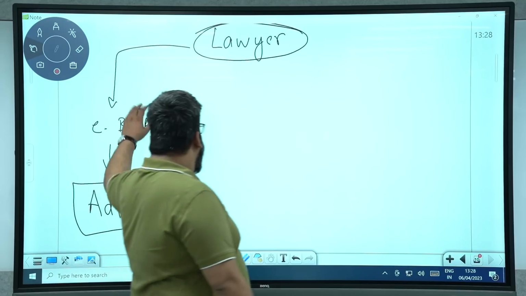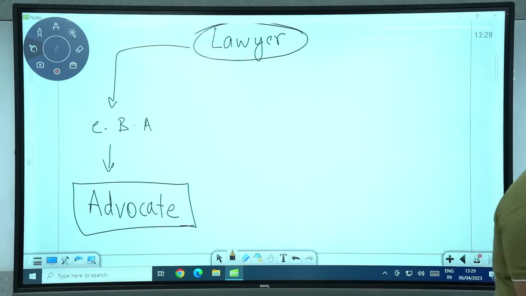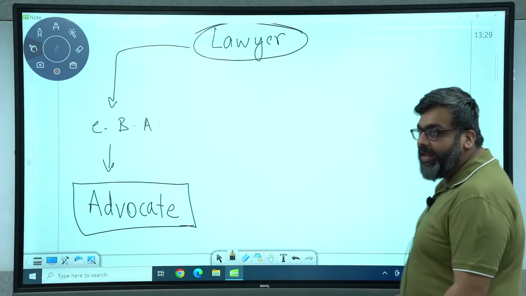So I may be a member of the Delhi High Court Bar Association, also a member of the Supreme Court Bar Association. What does that get me? A parking sticker. That's it. A diary, a calendar.